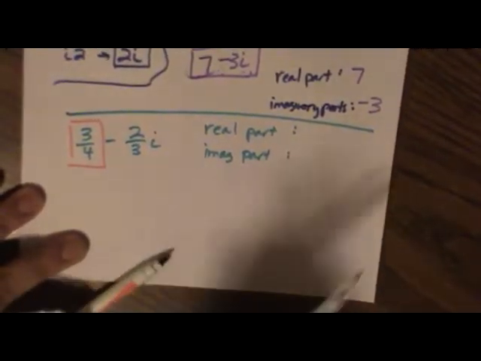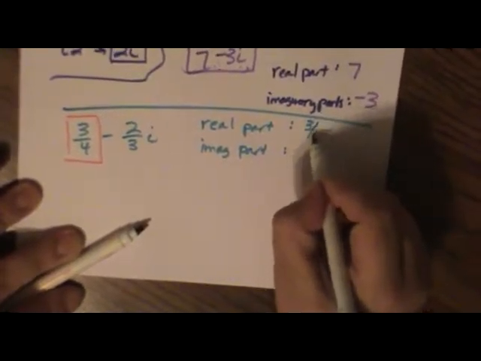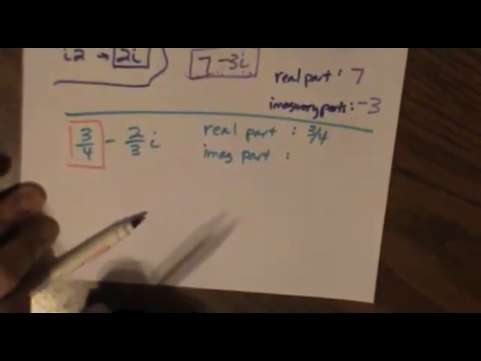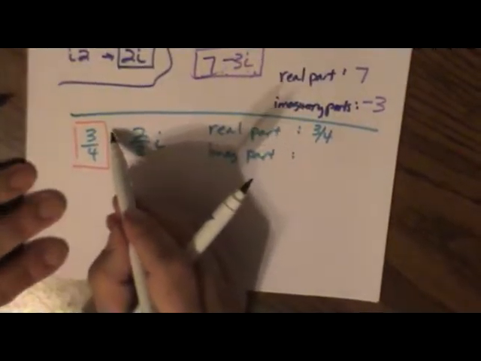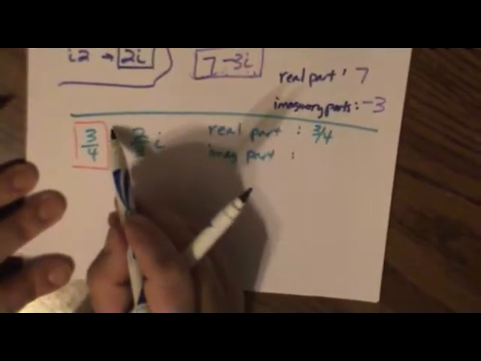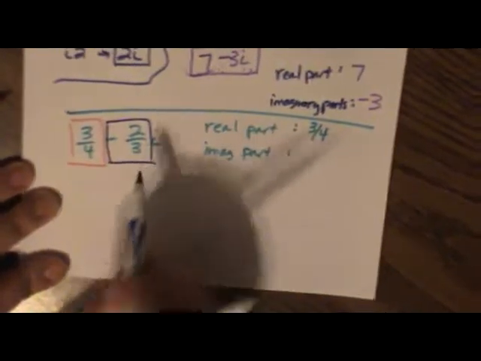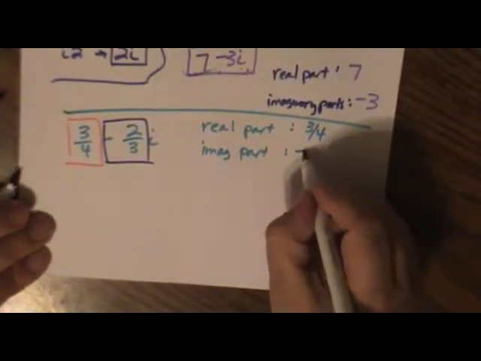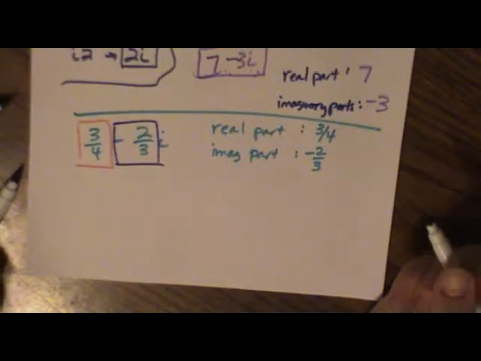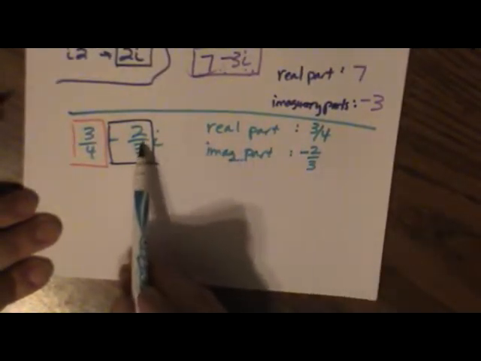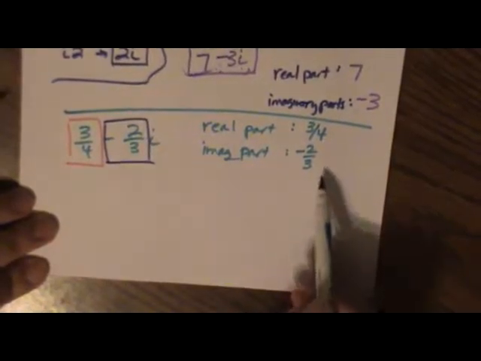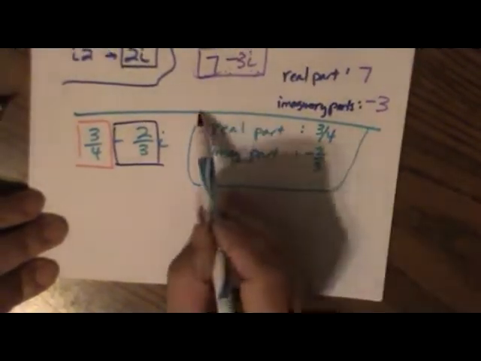So the real part is 3/4. Our imaginary part is the part with the i, and it would include the sign. So our imaginary part is -2/3. Now when they're asking for the parts, they don't need the i with it. It's just what is in front of it. So this would be our answer.